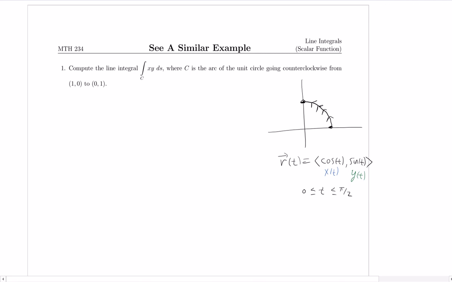Okay, so now let's compute the line integral. Since our parameterization goes from t equals 0 to t equals pi over 2, those will be the bounds on our integral.